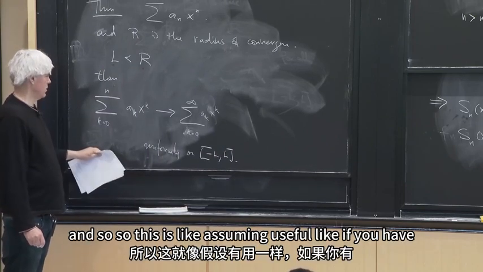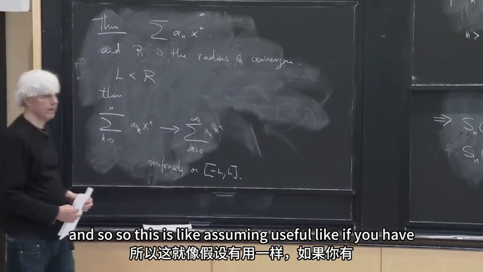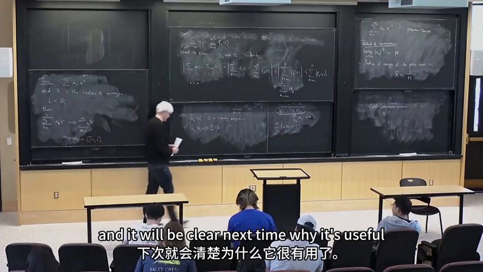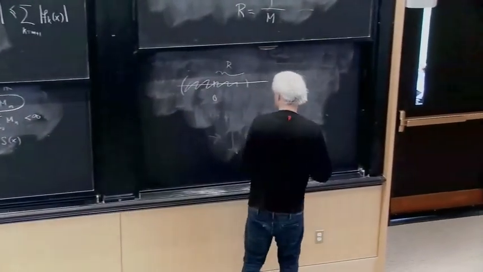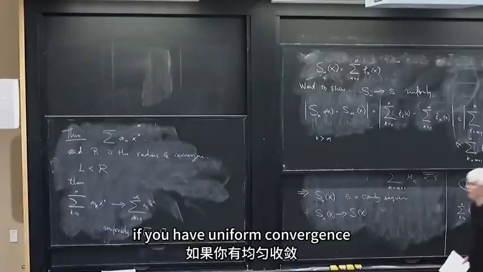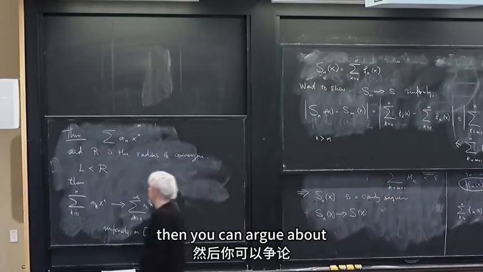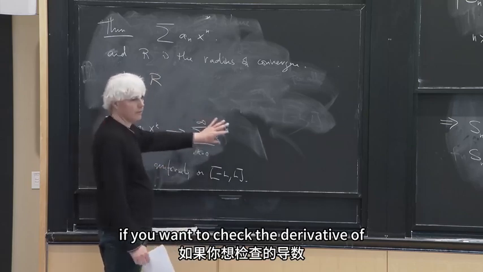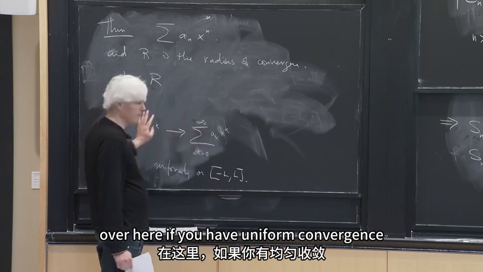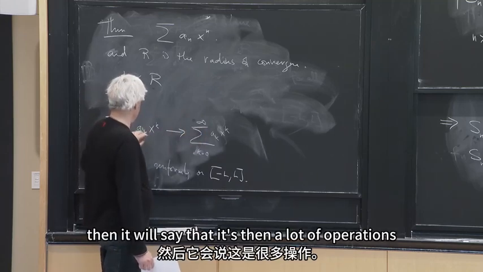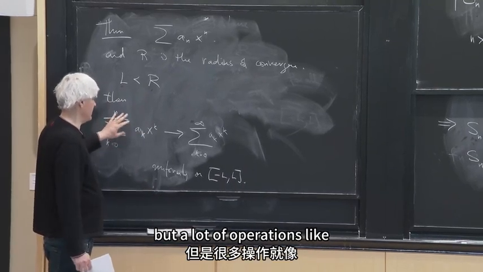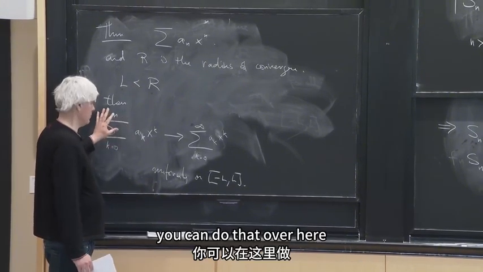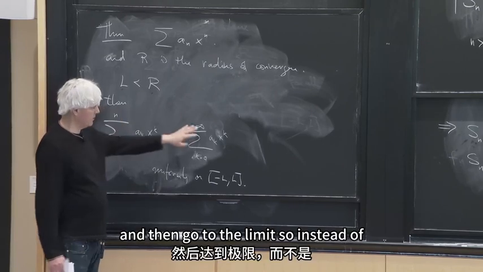Okay? And so this is extremely useful. It will be clear next time why it's useful, because if you have uniform convergence, then a lot of operations like integration and differentiation, you can do over here and then go to the limit.